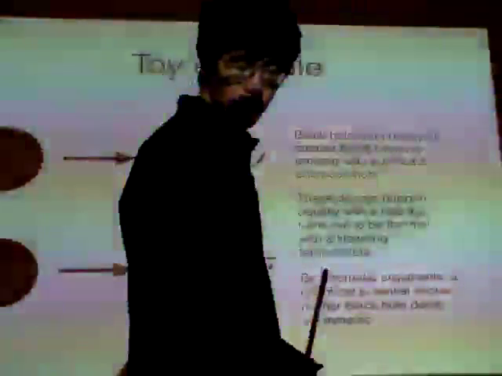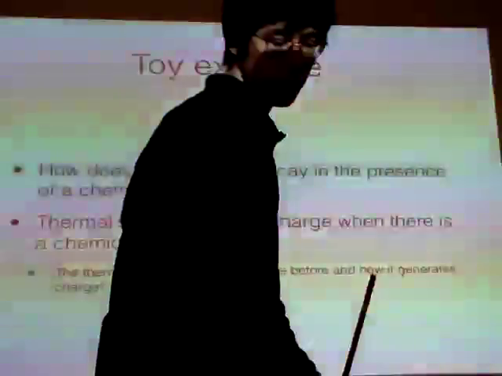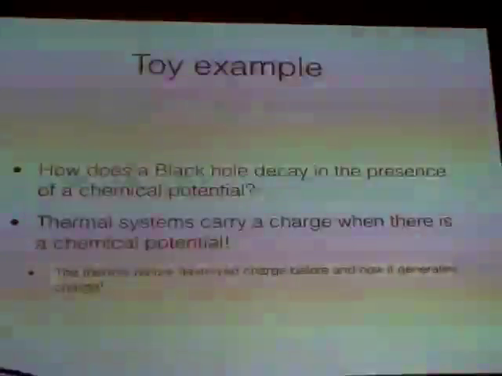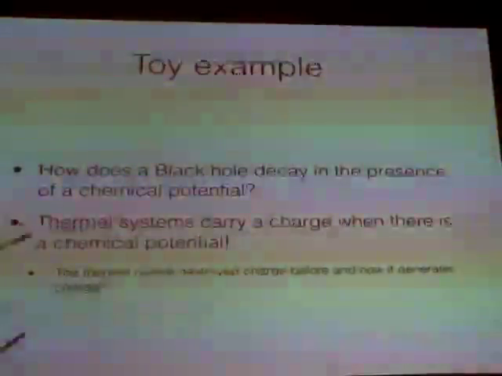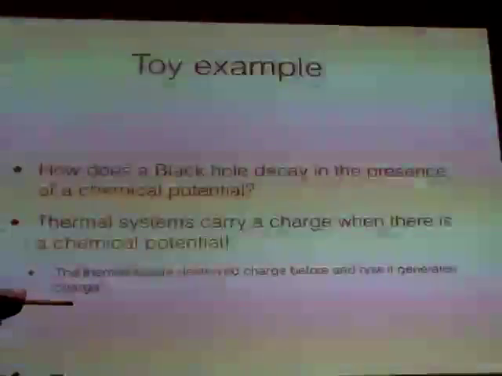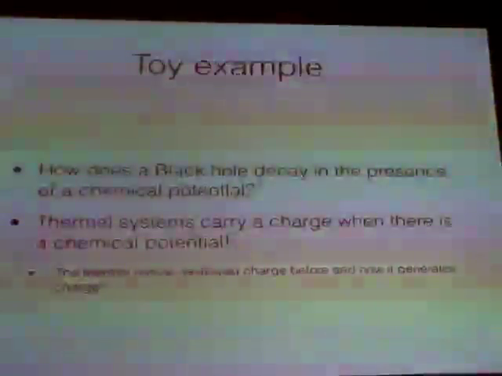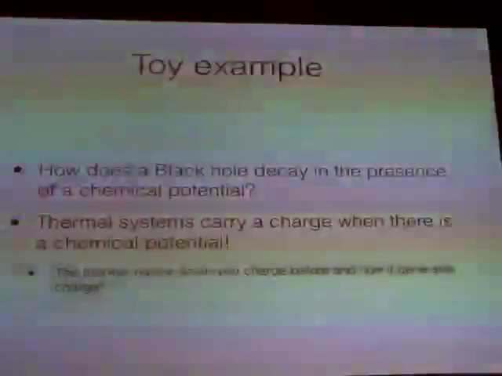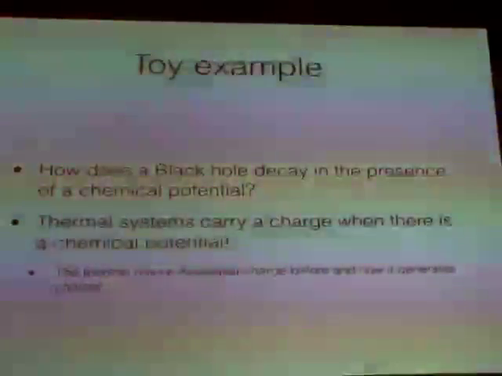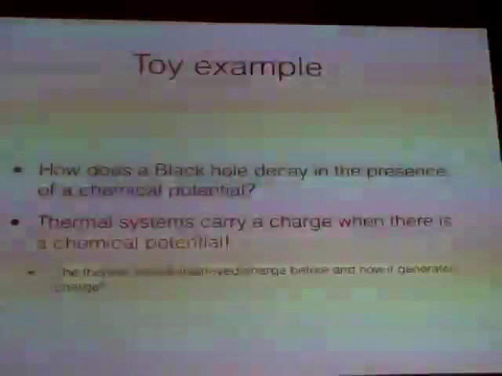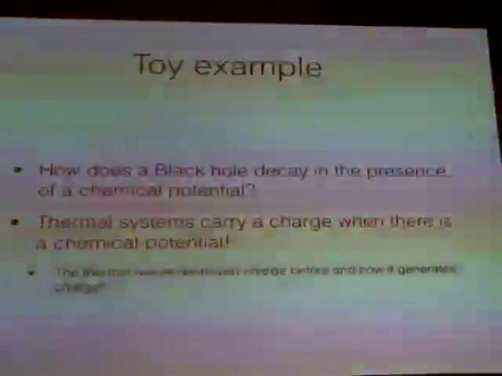So how do black holes decay in the presence of a chemical potential? Well, black holes normally decay thermally, right? This is why black holes destroy global symmetries. If you threw something into a black hole, it decays thermally. Thermal equilibrium carries no charge, and so it radiates away, or destroys, the global symmetry.